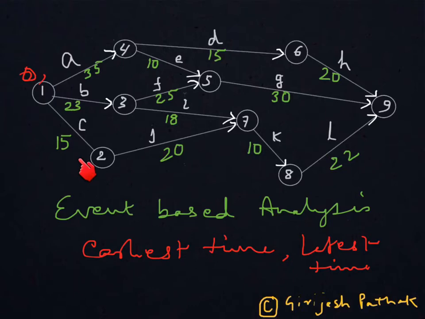In this technique we don't reduce the activity time unless the process is improved or some extra resources are put. So we have to give sufficient time, that is 15 days for C. So earliest you can be on node 2 is after 15.